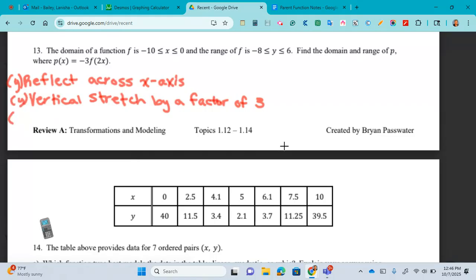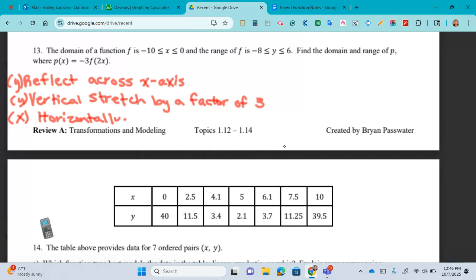And then that last one is that horizontal dilation by a factor of 1/2. Can we use that other word?